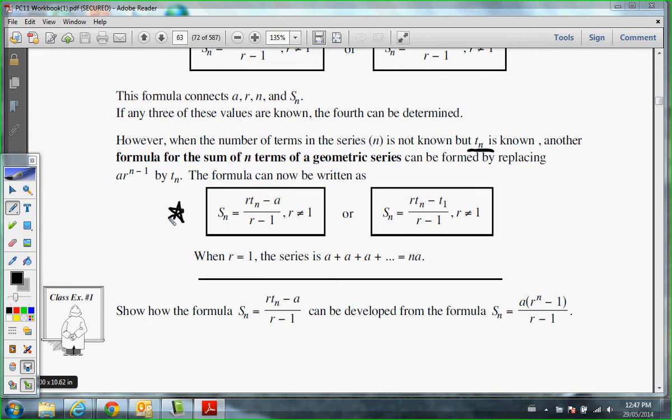So it'd be an example if I had 3, 6, 12, and then it went to 256 or something. I don't know what term number that is. But I do know that's t sub n. I just don't know what n is. So you take that 256 and you put it right here for the t sub n. Now, the only difference in these two, again, is they have a and they have t1, same thing. So again, it's not 2 formulas, it's just written 2 ways. I usually just use the a one.